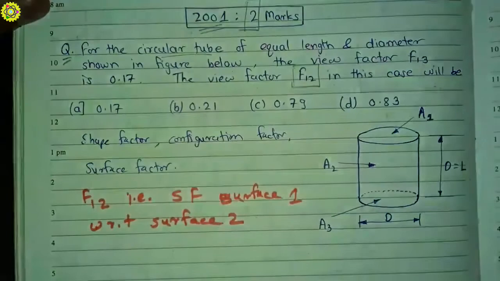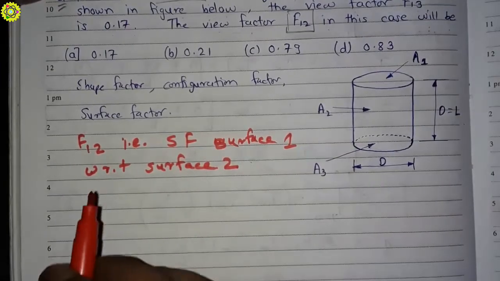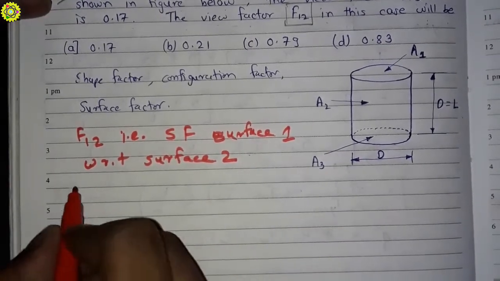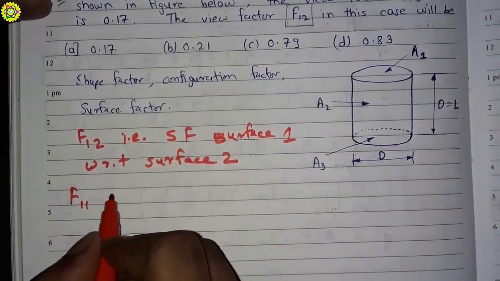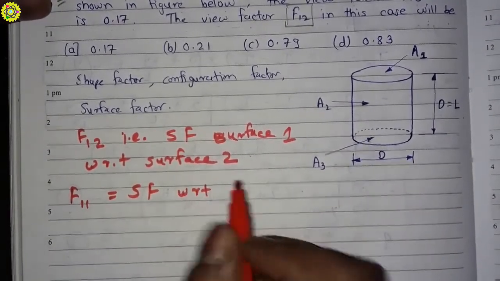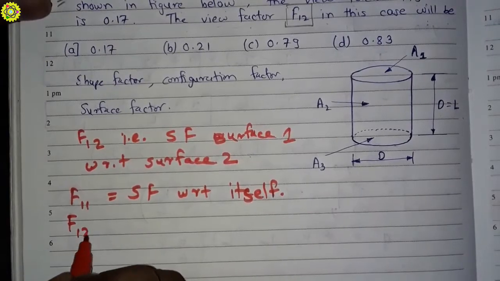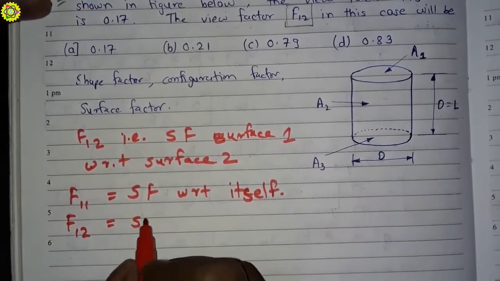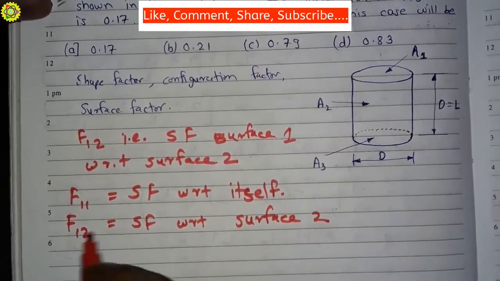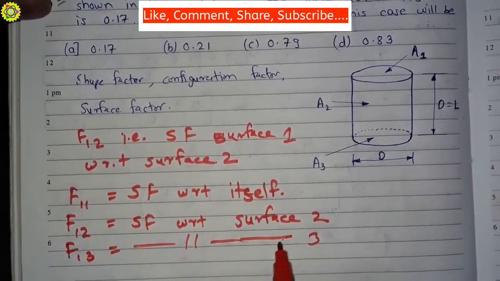Further, for surface 1 there are 3 shape factors we need to consider: F11, that is the shape factor with respect to itself, F12, the shape factor of surface 1 with respect to surface 2, and F13, the shape factor with respect to surface 3.